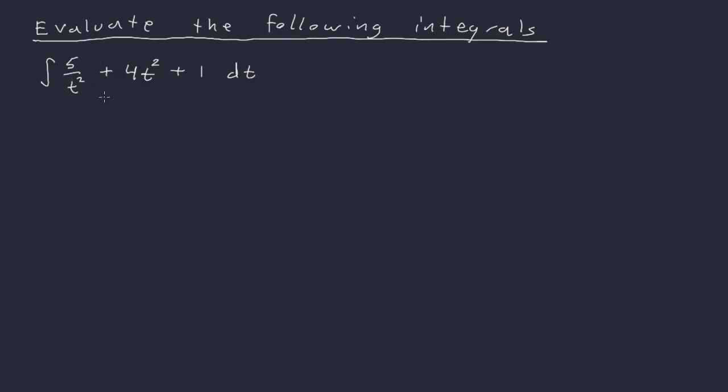We're going to approach this often like we do with derivatives. Now notice, we don't have a quotient rule or backwards quotient rule yet, so don't start trying to do some sort of quotient rule here. What we're going to want to do is rewrite this integral as 5t to the negative 2 plus 4t squared plus 1 dt.